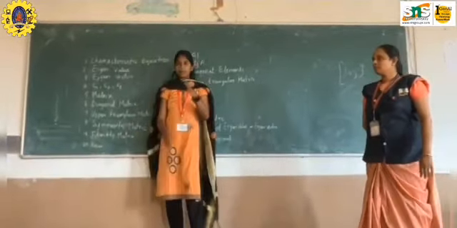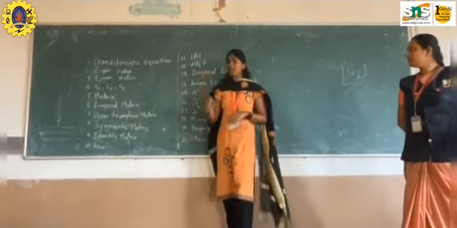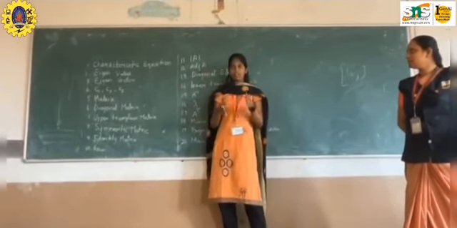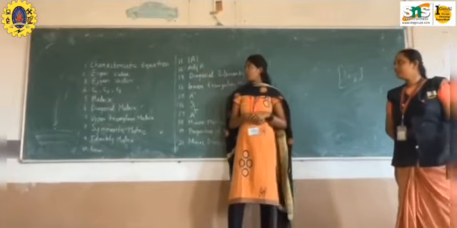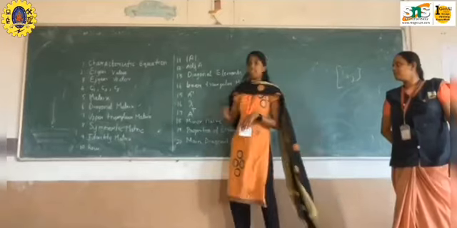A row means the elements present horizontally in a matrix. Determinant of A is the way we take the determinant.